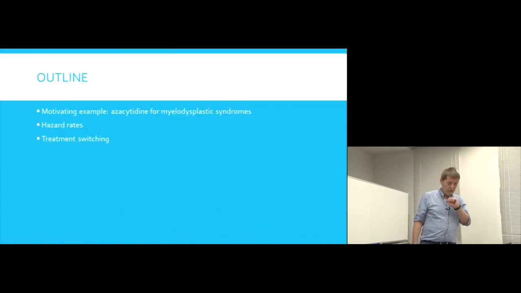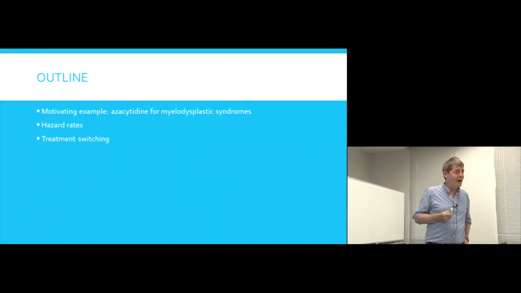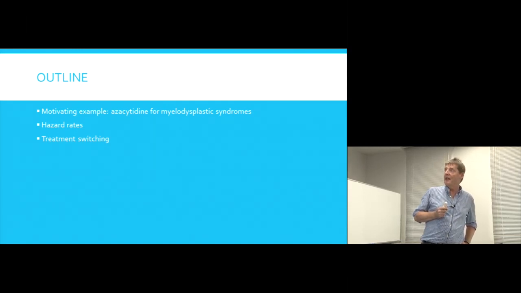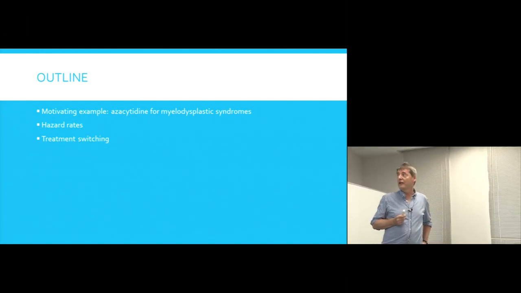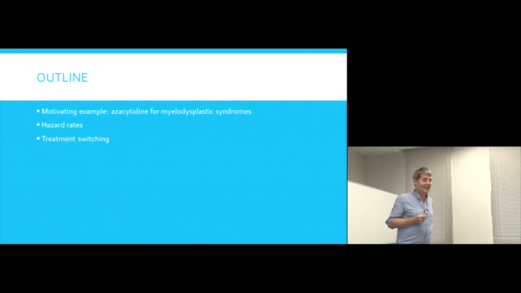Now, to start this off, I've got a motivating example to highlight its importance. It's a drug called azacitidine for a condition called myelodysplastic syndromes. Those of you who are clinically trained, that will mean a lot to you.